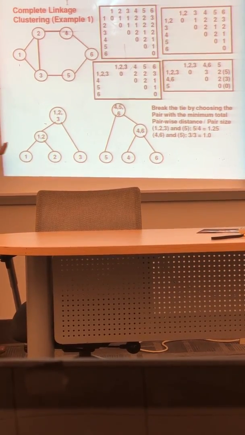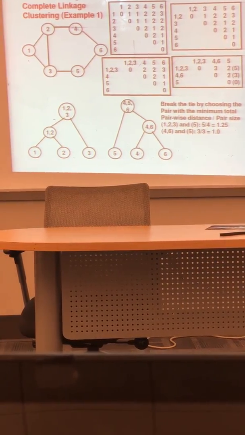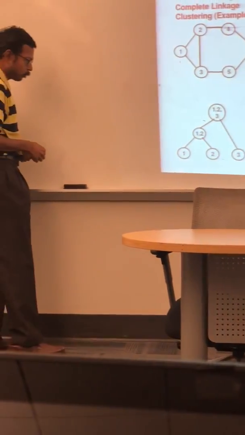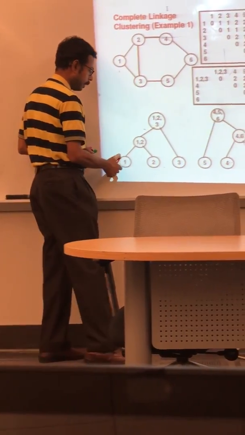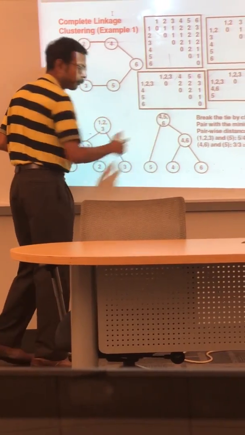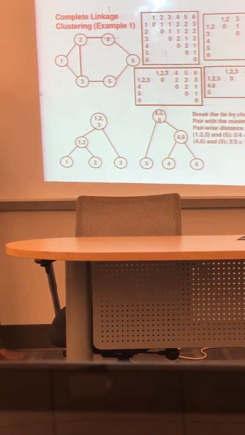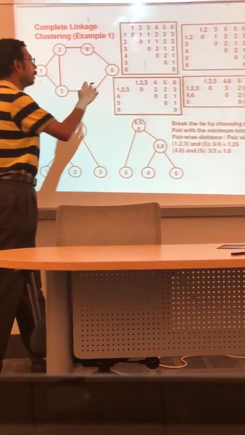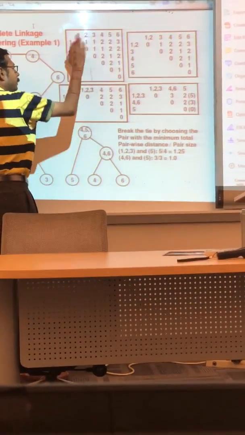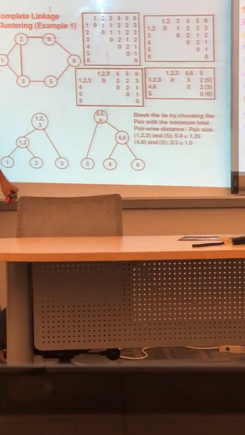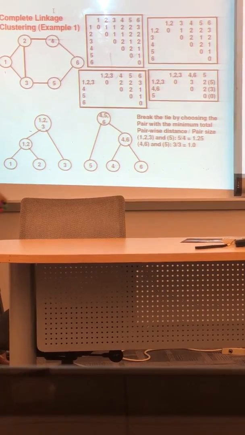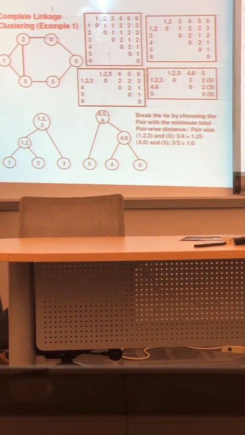To begin with, we just have 1 on its own, 2 on its own, 3 on its own, and so on. So this is the initial matrix. We'll keep that matrix also for some other purposes later.